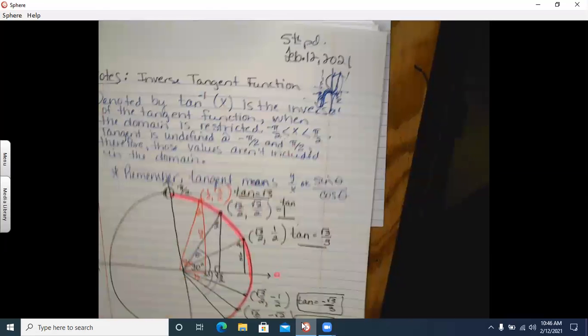So if I said, example 1, inverse tangent of square root of 3 over 3. On this one, I will let you look at the unit circle because we know sine and cosine, right? But tangent, we're not so familiar with that.